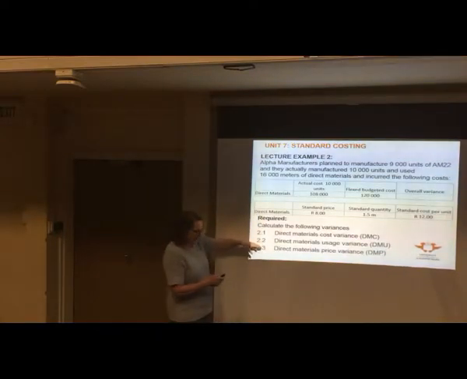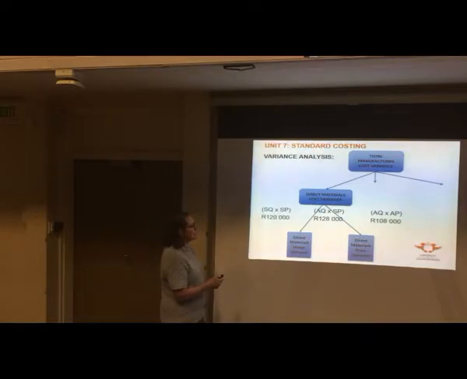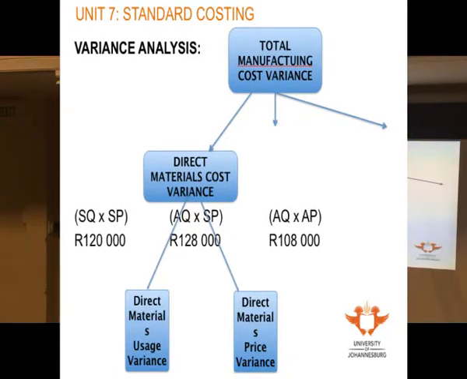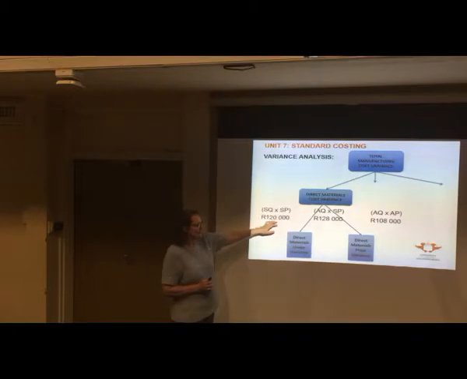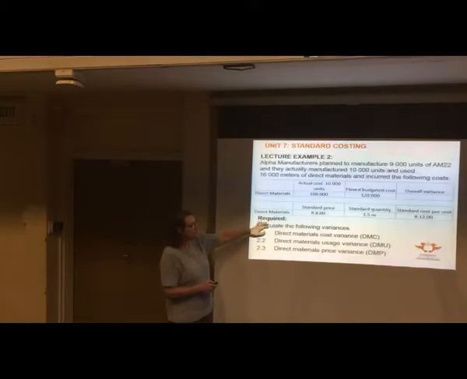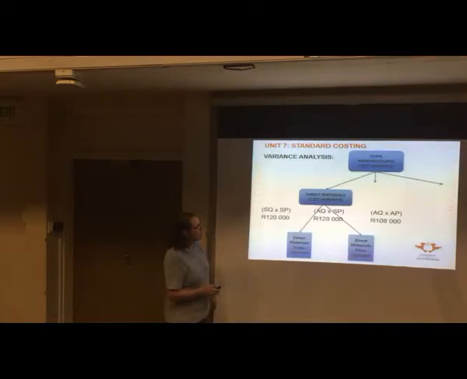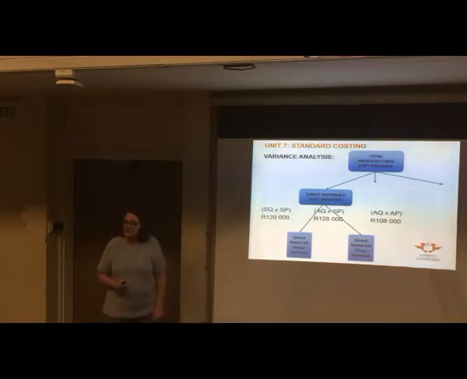Now, standard quantity times standard price: the standard price was 8 Rand, so 15,000 times 8 should give you 120,000. Good. Actual quantity times actual price you've been given: actual cost, 108,000.